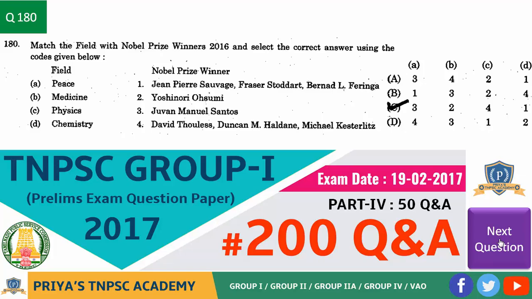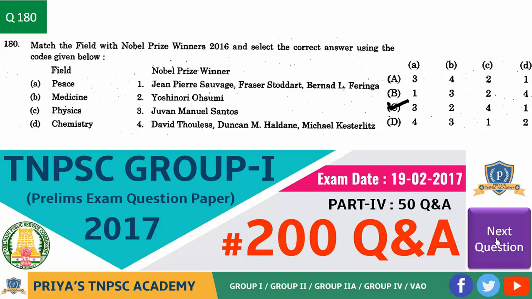For peace, the Nobel Prize winner is Juan Manuel Santos. Next one, for medicine, the Nobel Prize winner is Yoshinori Ohsumi.